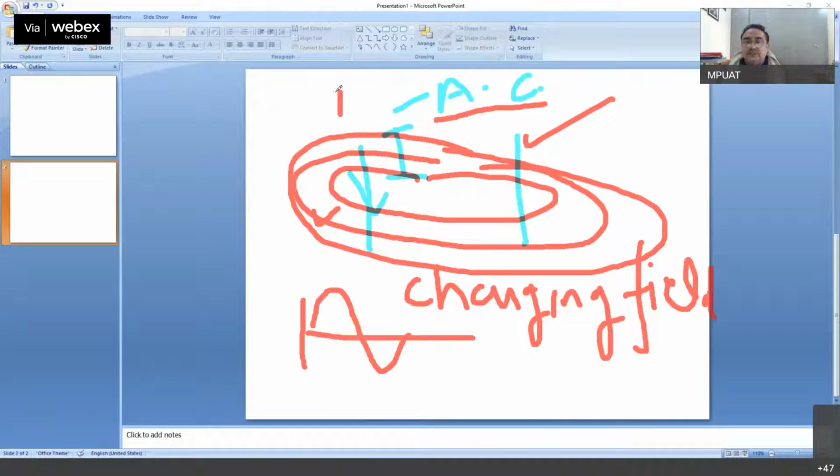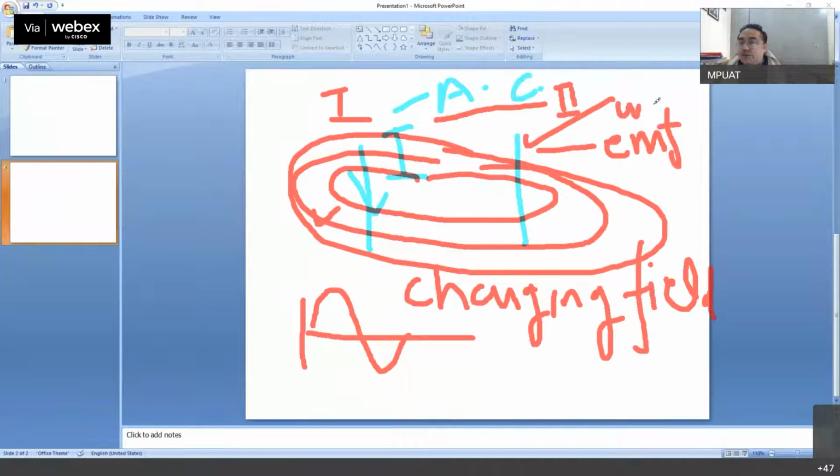This was my first and this is my second. The magnetic field produced by the first conductor is also linking the second conductor, and since it is AC, the nature of this magnetic field is also AC. So the changing magnetic field is linking the conductor, and due to which an induced EMF, which type of EMF?